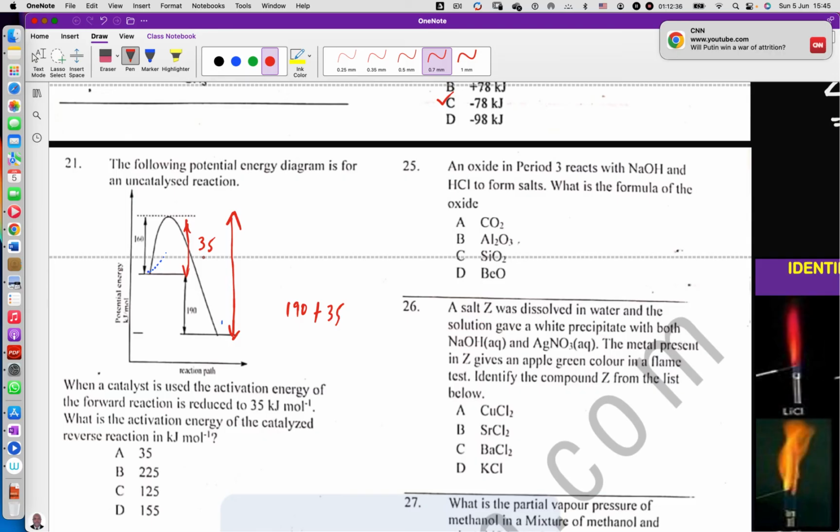What is the activation energy of the catalyzed reverse reaction? The catalyzed reverse reaction will involve 190 and the 35, because it starts from here and goes up to this level. So the reverse reaction will be 190 plus 35, which equals 225. So our answer here will be B.